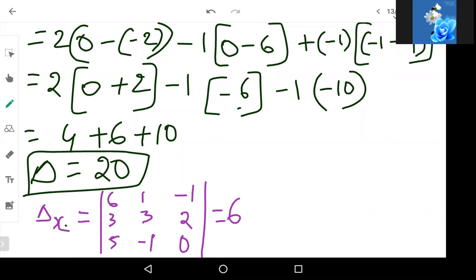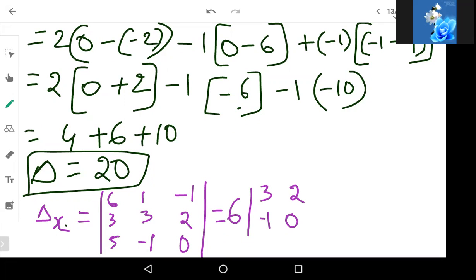Now, what will be the minor for 6? Can you tell me the determinant? Concentrate here and solve it here. Later, you can write it down in your notes or solve it in your notes. So the minor will be 3, 2, minus 1 and 0.